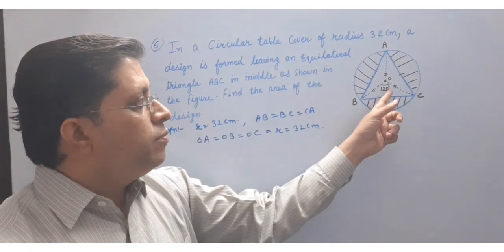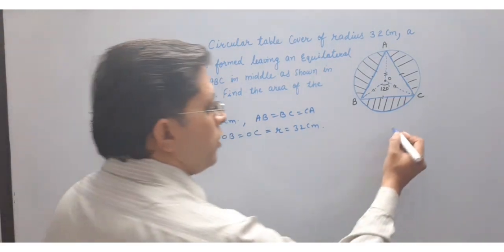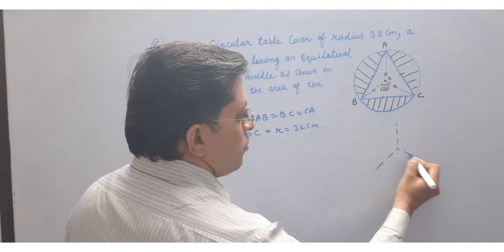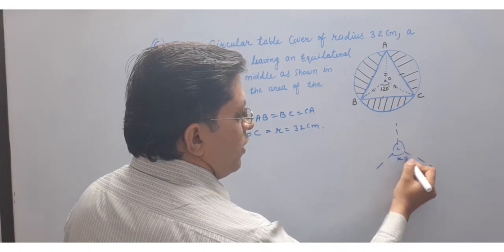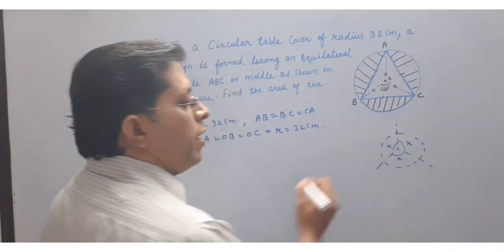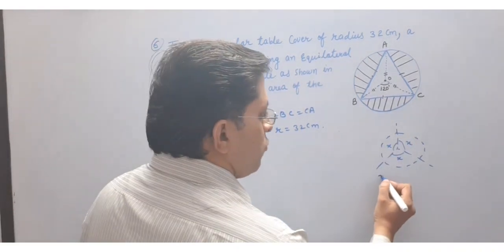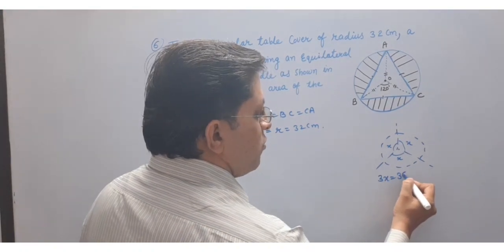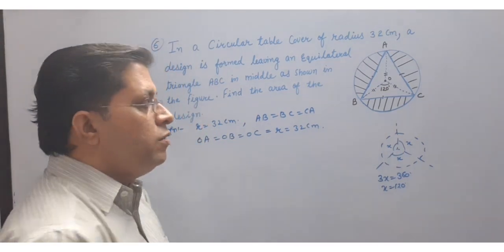Total 3 parts are there, and the 3 parts are equal, so the angles are x, x and x. The sum of all the angles at the center of the circle is 360 degrees. So 3x is equal to 360 degrees, then x is 120 degrees.